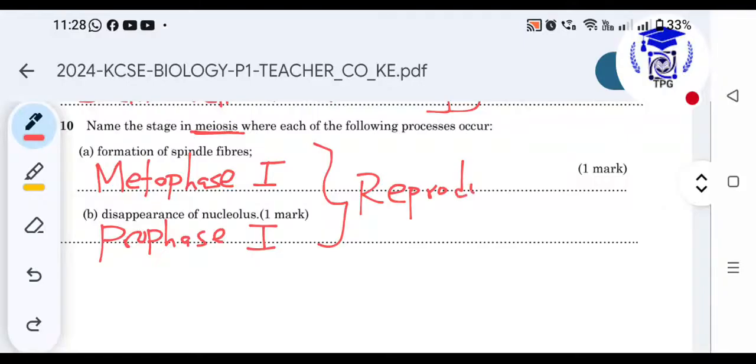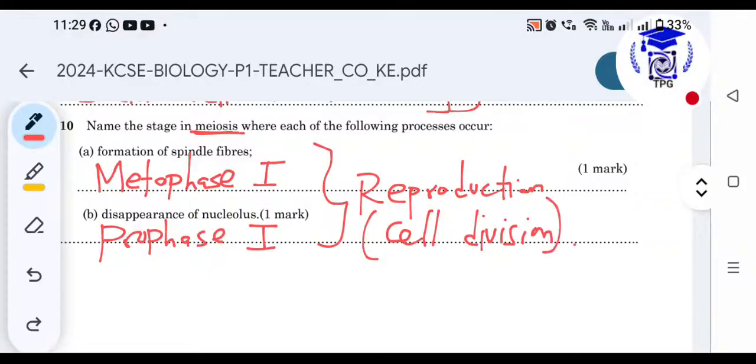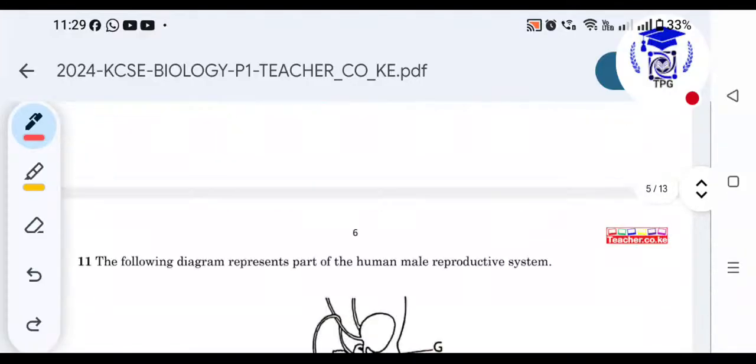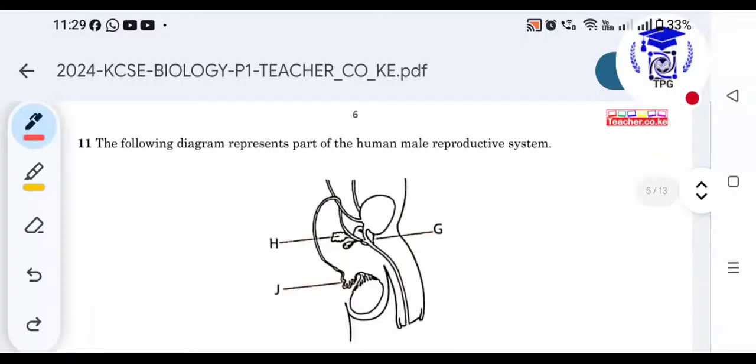It is in the topic reproduction and cell division. Under cell division, let us embark on number 11.